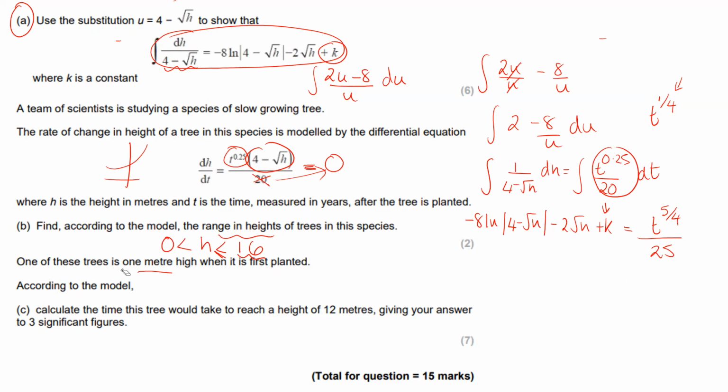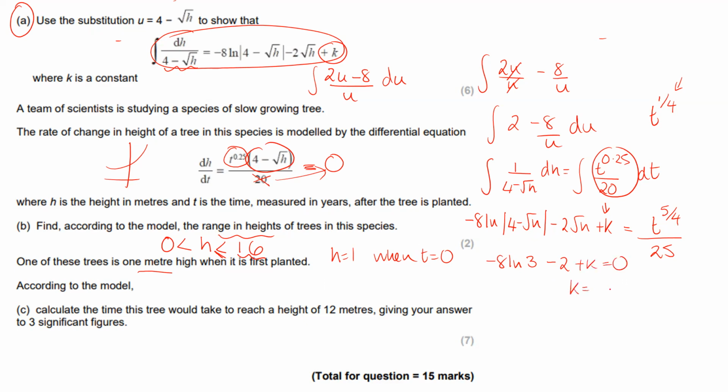One of the trees is 1 meter high when it's first planted, so that's telling us H is equal to 1 when T is equal to 0. So we need to put that in. If T is 0, we're going to get 0 there. We're going to have minus 8 ln of, when H is 1, that's going to be 4 minus 1, which is 3, minus 2 times 1, which is 2, plus K is equal to 0.